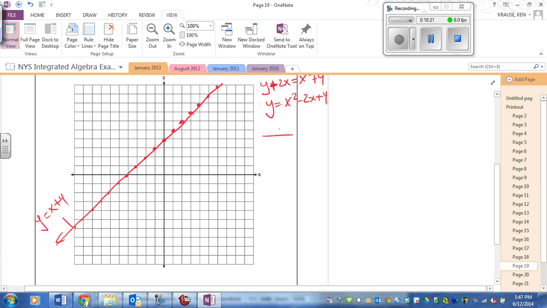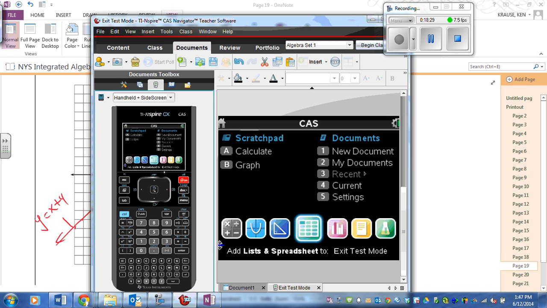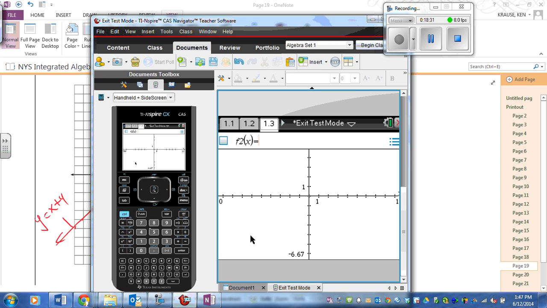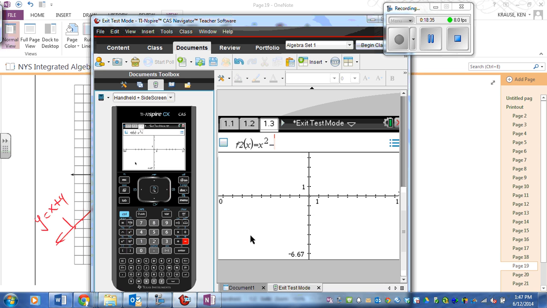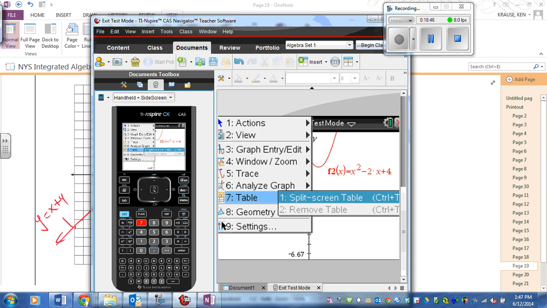Now we get the table of values for this one. Enter x squared minus 2x plus 4. Menu, table, split.